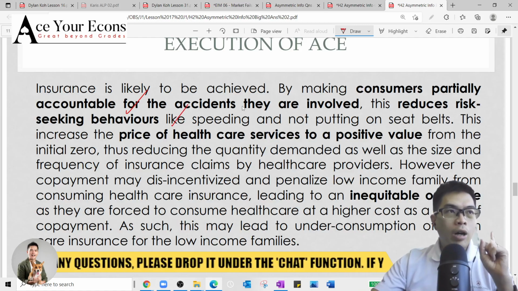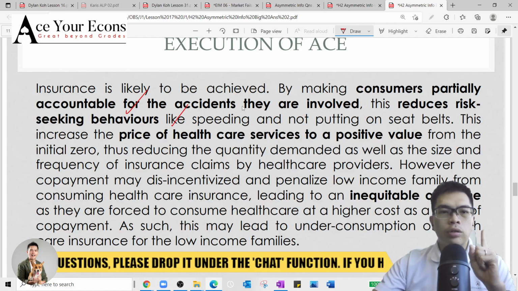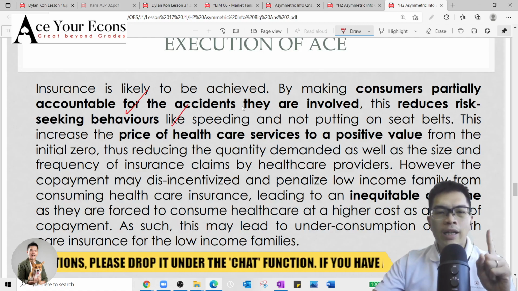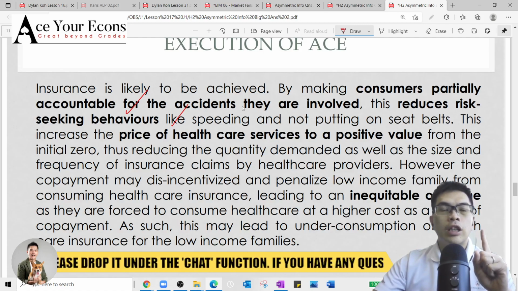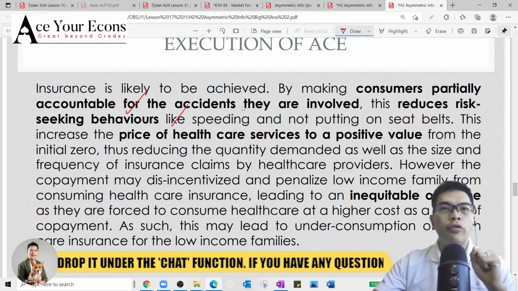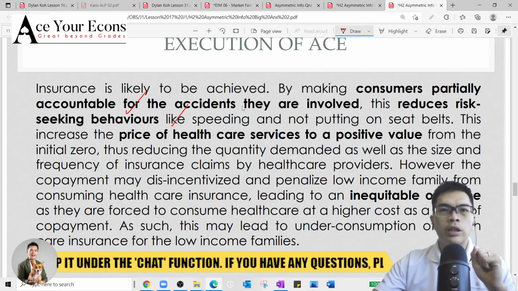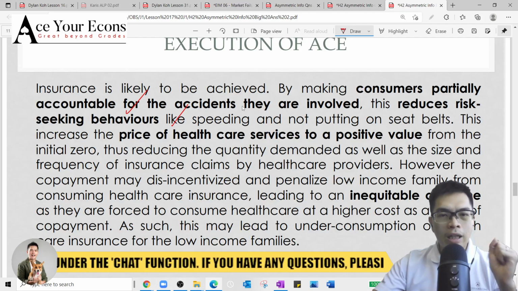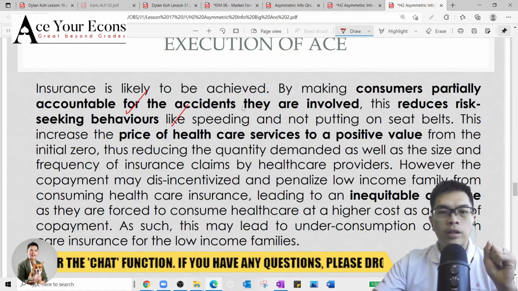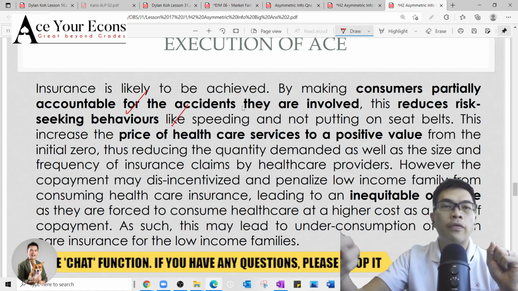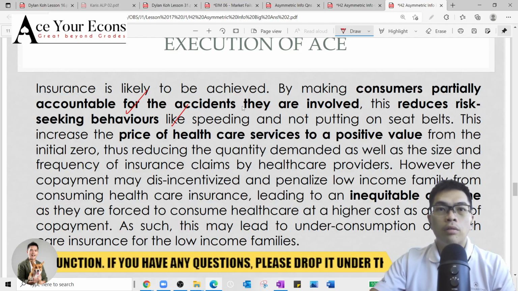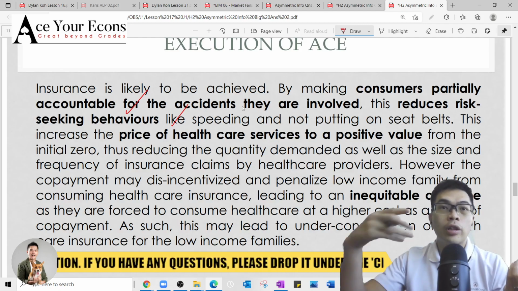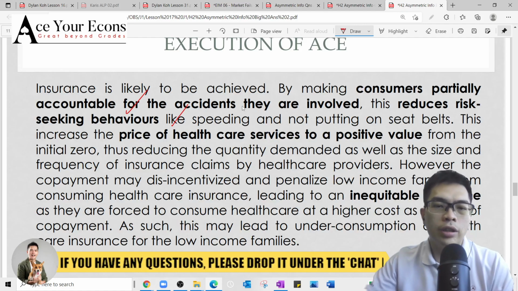So there's one very important sentence to include: the price of your healthcare is no longer zero. If price is zero, then there will be a buffet syndrome of overconsumption. Agreed? So if price is no longer zero, it is a positive value, then you have to think through first before you incur the cost of healthcare, because you can no longer claim from the insurer.